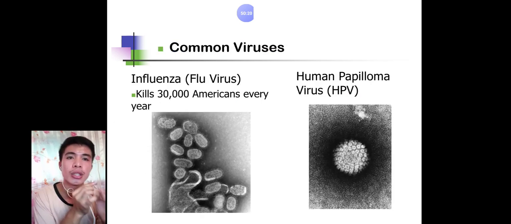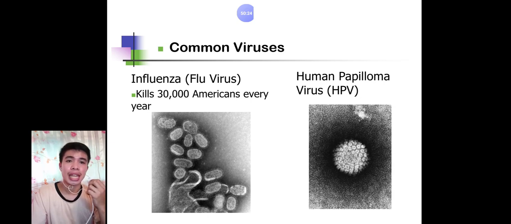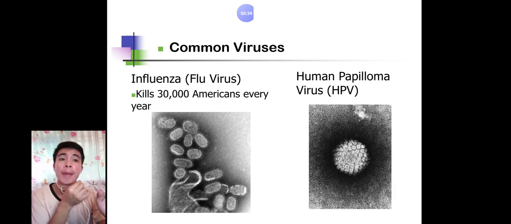Again, the common viruses, the influenza or the flu virus, kills 30,000 Americans every year. Imagine. That's just the flu. Influenza kills 30,000 Americans every year. Then human papilloma virus or HPV.